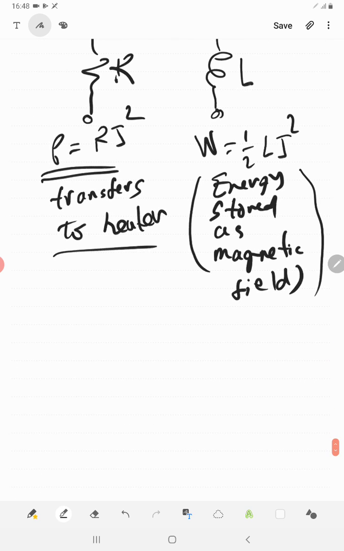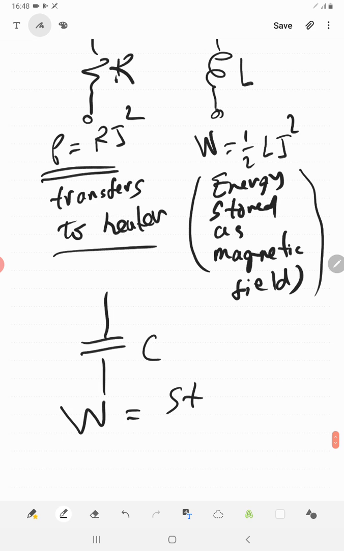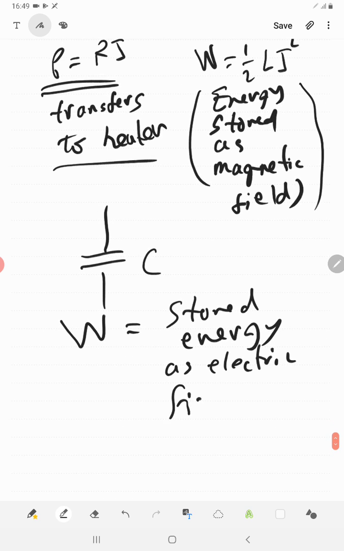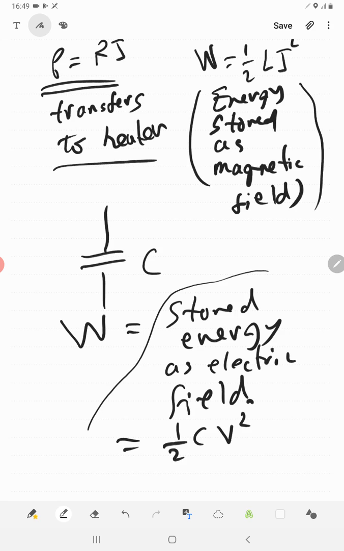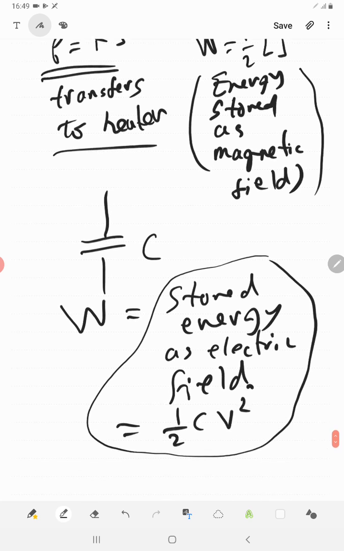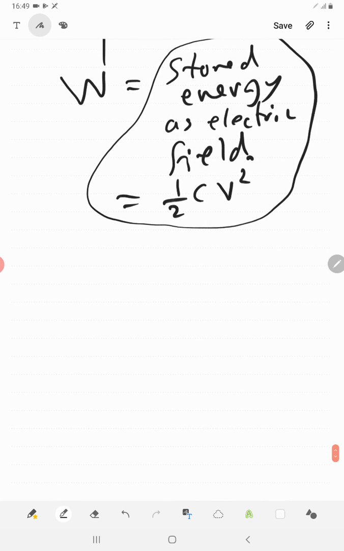And if you have a capacitor, C, then W is stored energy as an electric field, and it's equal half C V squared. So a capacitor does not dissipate energy, but it stores energy. A coil does not dissipate energy, but stores energy. A resistor dissipates energy, exactly like friction.